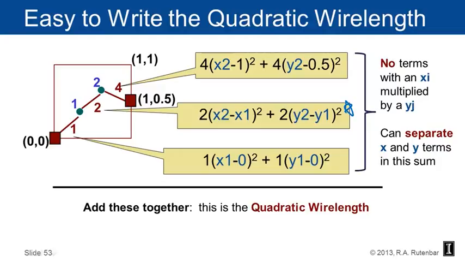You're going to get a y2 squared, a y2 y1, and a y1 squared with some constants. And for the wires that connect to pads, you're just going to get linear terms and squared terms, x2 and x2 squared, y2 and y2 squared, for example, on the first one. But you're never going to see an x multiplying a y. This turns out to be extremely important because it means I can separate the x terms and the y terms, and as we shall see, I can actually optimize them separately.